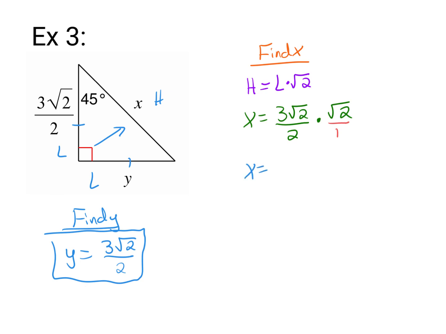So when I multiply across the top, 3 has nothing to multiply with, so we bring our 3. Square root 2 times square root 2 just becomes times 2, because square root 2 times square root 2 gives me 2. And then across the bottom, you have 2 times 1, which is just 2. And when we do this, 3 times 2 is 6 on top, and then 6 divided by 2 is just 3. So x is equal to 3. And that's it.